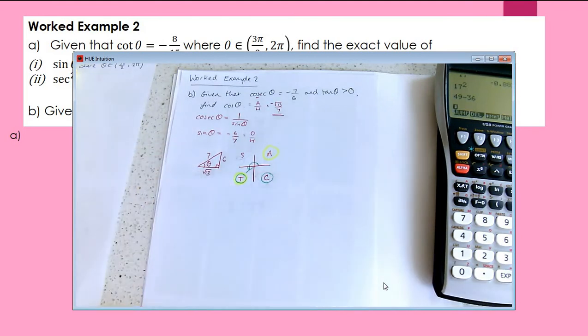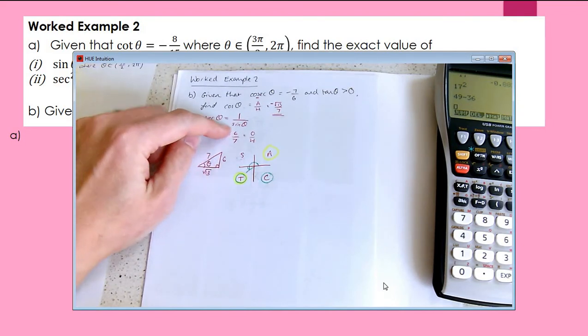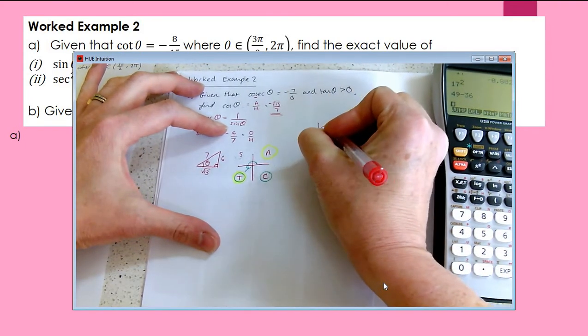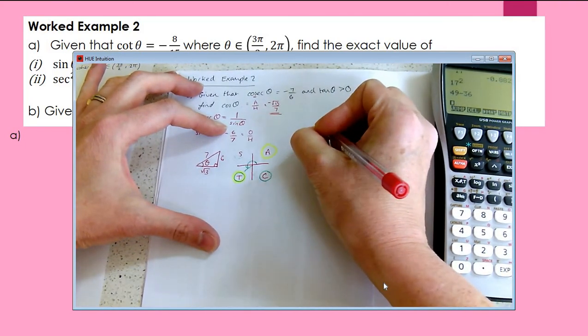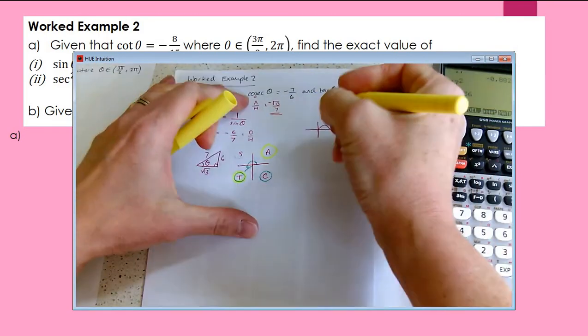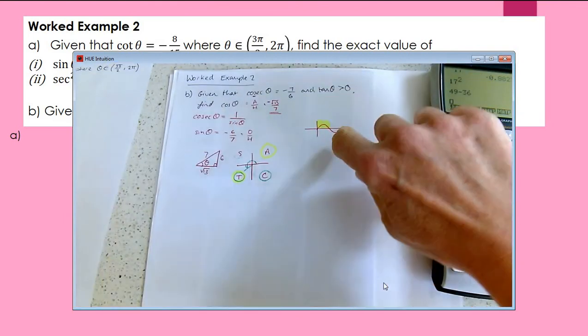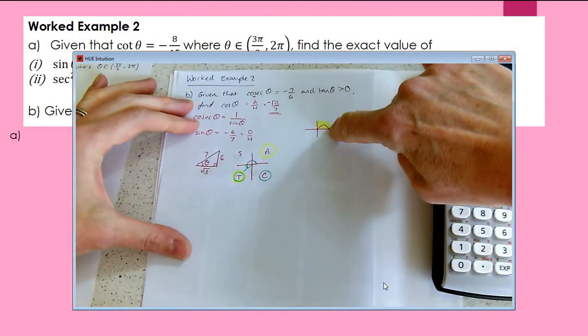You can also use graphs to work out which region you're talking about with positives and negatives, but you would have to look at the sine graph where that's positive. So let's have a quick look. We can see that the sine graph is positive from 0 up to pi if we're working in radians, or 180 in degrees.